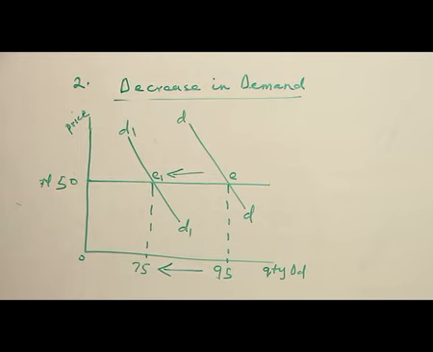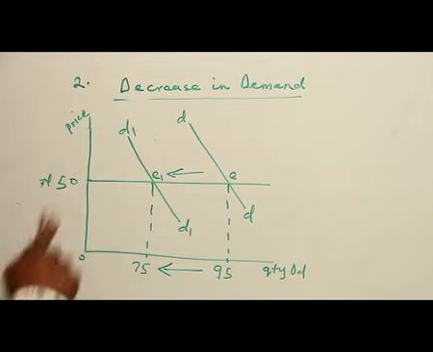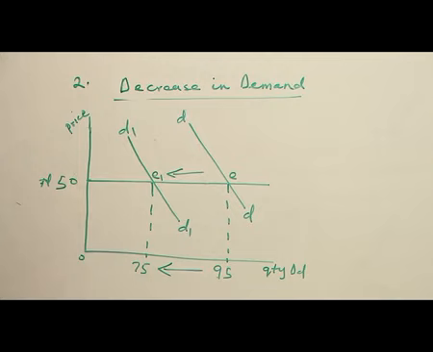Let's explain with the diagram before us. From the price axis, we have 15 naira. From the quantity axis, we have 95 quantity moving down to 75. That is, there is a change in demand, a fall in demand to be precise.